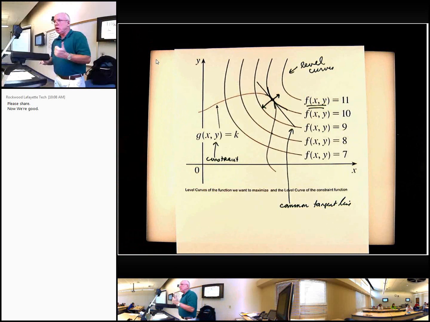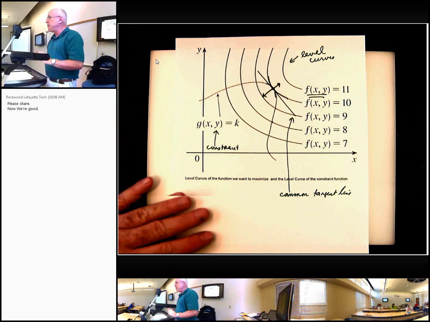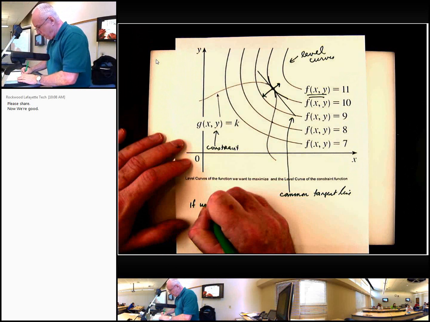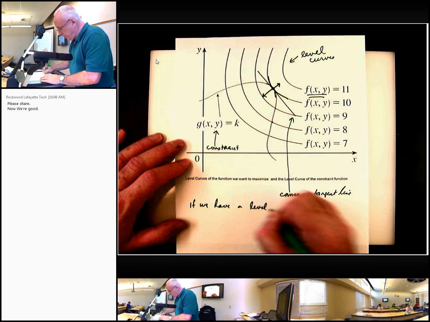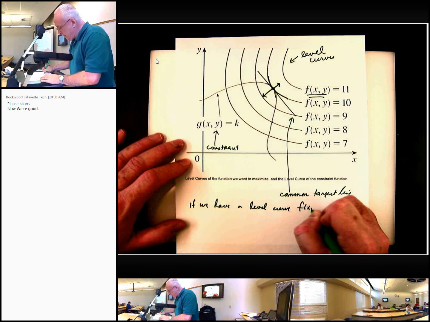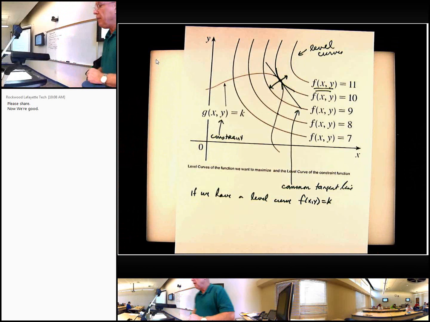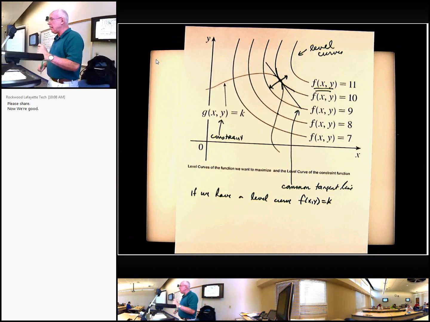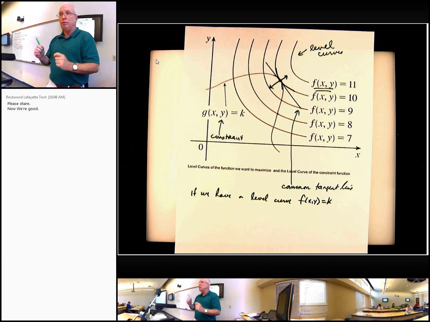One thing that we saw previously, and let me remind you of this, if we have a level curve, f(x, y) equaling some constant, the gradient vector at a point (x, y) will give us a perpendicular vector to the curve.